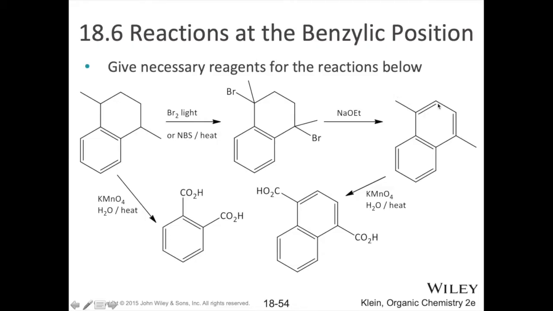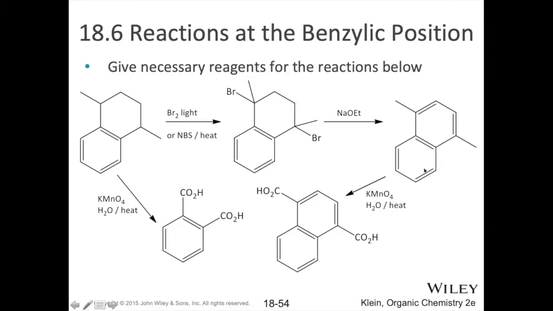Since we want the Zaitsev product, a smaller base like sodium methoxide is fine. If you used a bulky base like sodium tert-butoxide, you would probably get the Hofmann product instead, with the double bond over here instead of over here. It does that at both sites. You have a double bond over here as well by eliminating an HBr across this carbon-carbon bond.